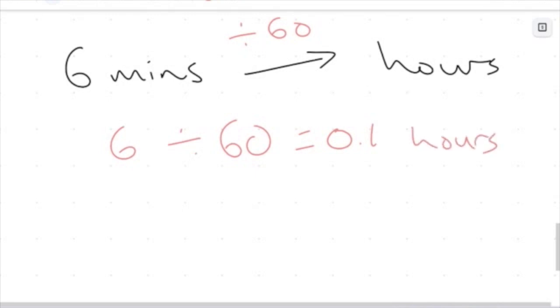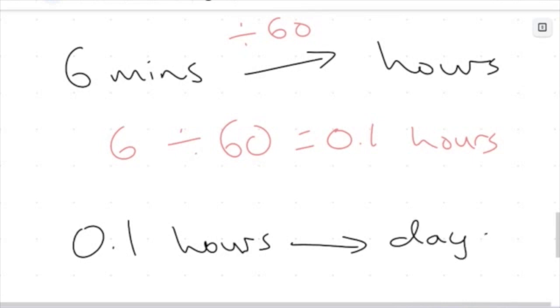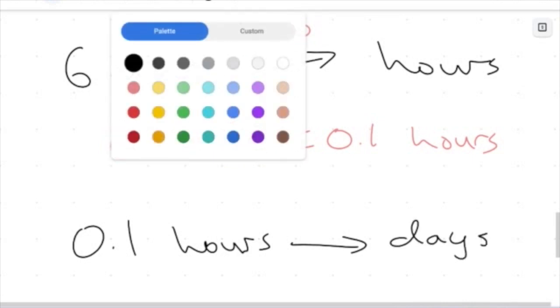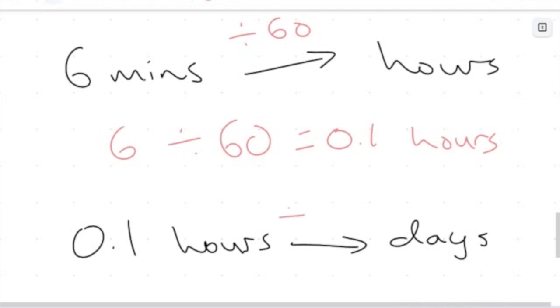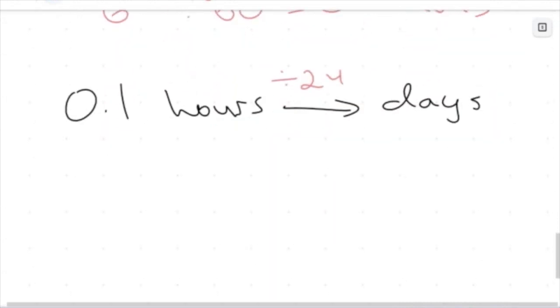And now I want to get from 0.1 hours to days. So to get from hours to days, I want to divide by 24. Now I'm going to get my 0.1 divided by 24.